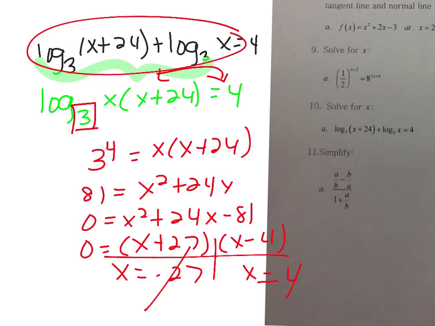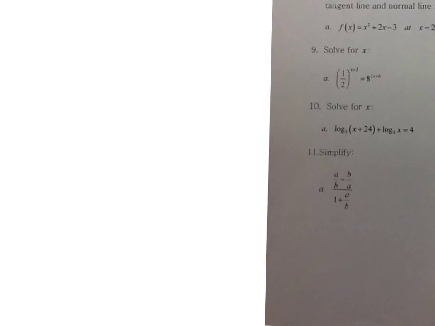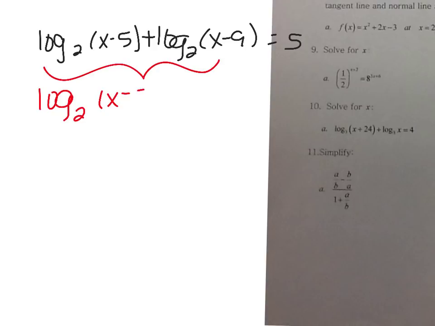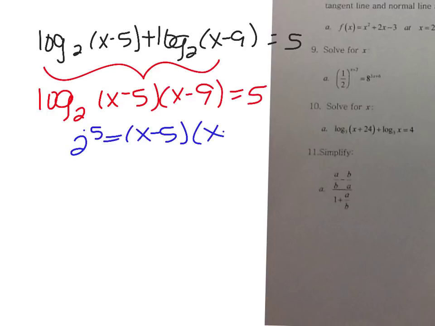All right, so let's try B. So that's log base 2 of x minus 5 plus log base 2 of x minus 9 equals 5. Again, we're going to condense. So I have log base 2 of x minus 5 times x minus 9 equals 5. Take it out of exponential, it's 2 to the 5th equals x minus 5 times x minus 9.